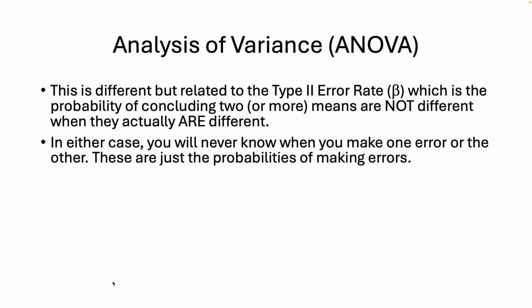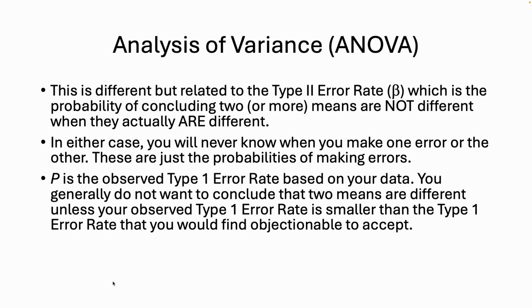If you conduct 100 experiments in your career as a scientist and you test all of them at a type 1 error rate of 0.05, meaning 5%, you have a 5% chance of concluding that things are different when they're not, and all 100 of those experiments showed a significant result, then chances are 5 of those experiments are not reaching the correct conclusion. But you'll never know which one of those experiments it is.